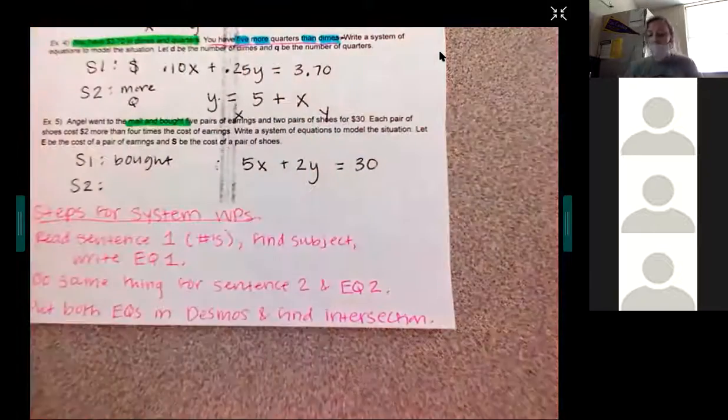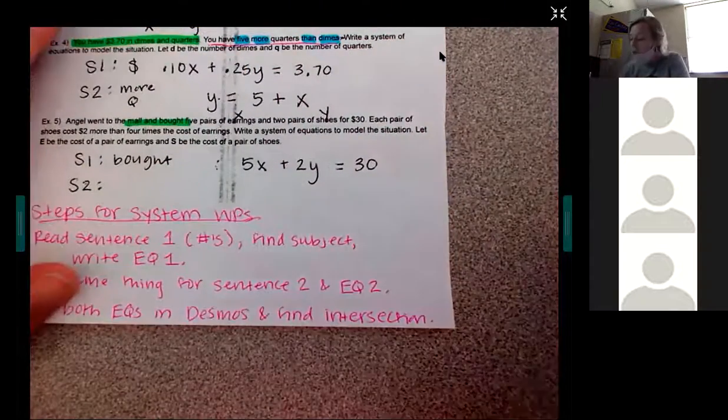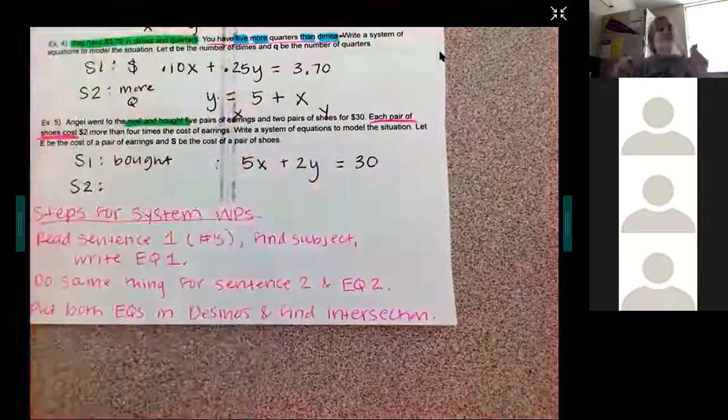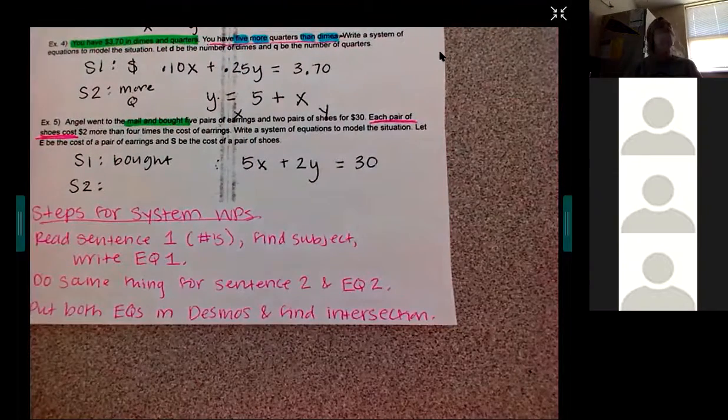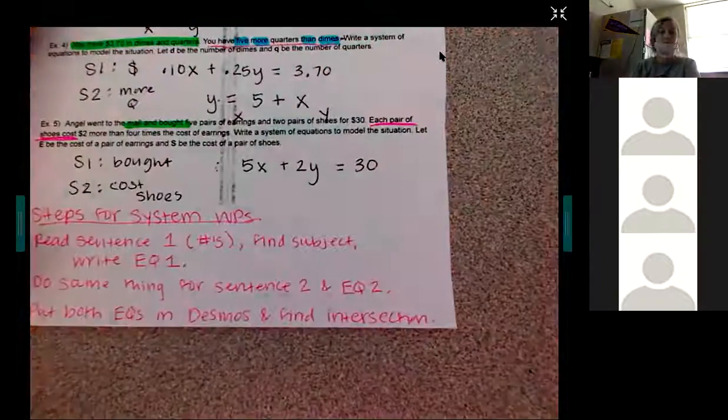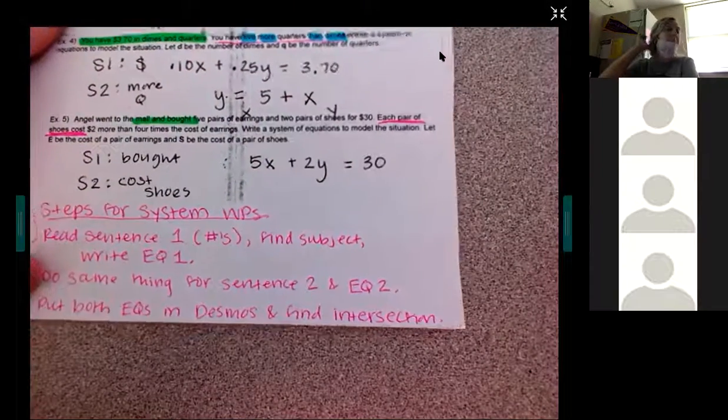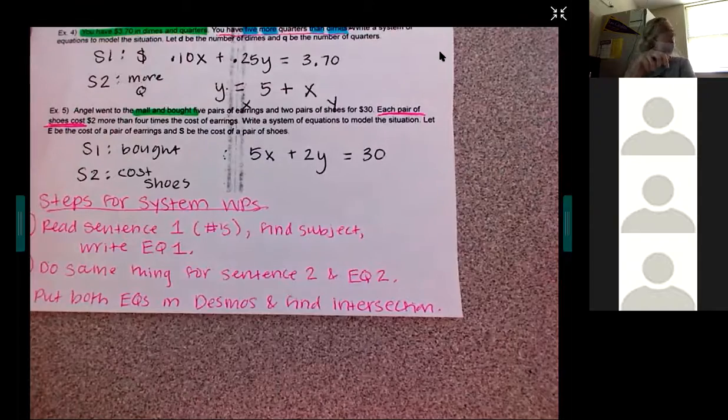All right, so y'all look, subject 2, this is the one y'all were struggling on. It's very similar to example 4, so I need y'all to watch. Each pair of shoes cost. What am I talking about? Shoes. I'm talking about cost, yes, but I'm talking about the cost of shoes. So if I am talking about just shoes, what should the equation start off with? Y equals. Very good.